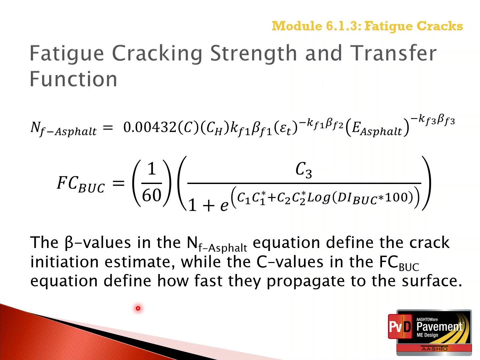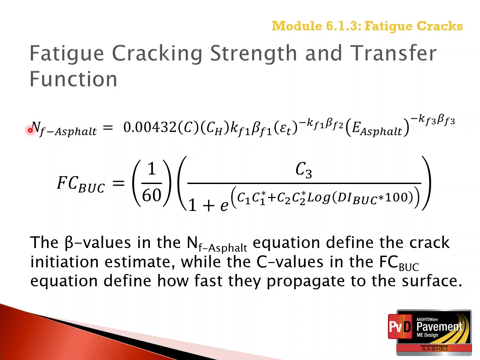The bottom-up fatigue cracking transfer function is displayed on this slide along with the allowable number of wheel load applications, or the fatigue strength of the asphalt layer. So the bottom-up fatigue cracking transfer function, and then the fatigue strength equation or allowable number of load applications for a specific condition.